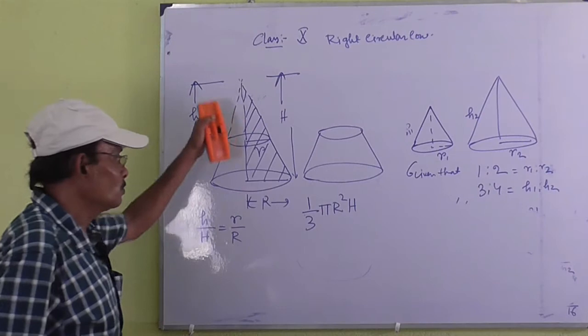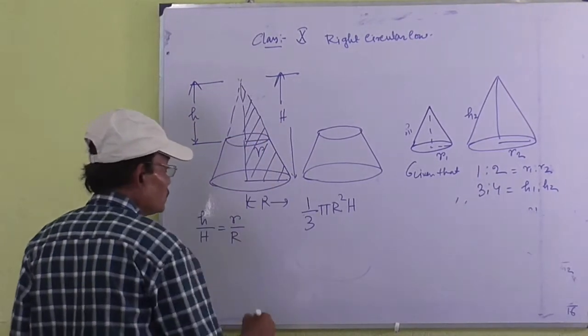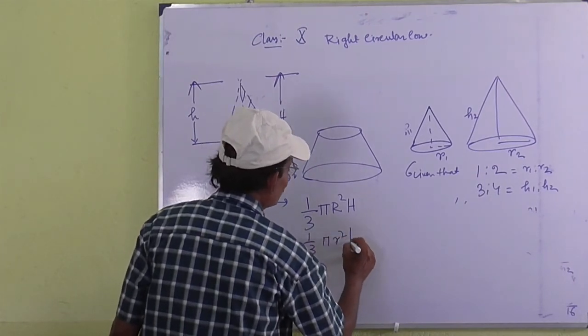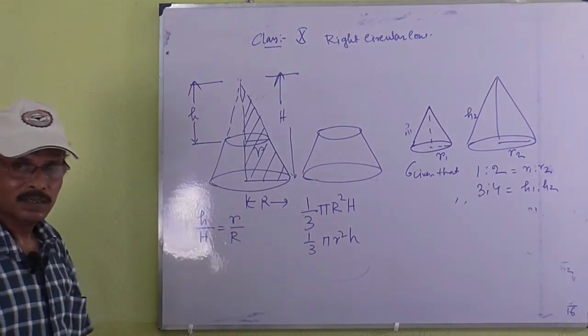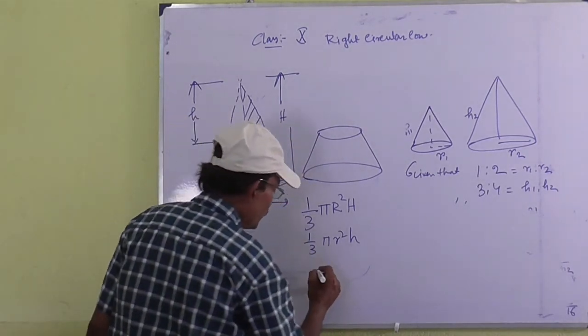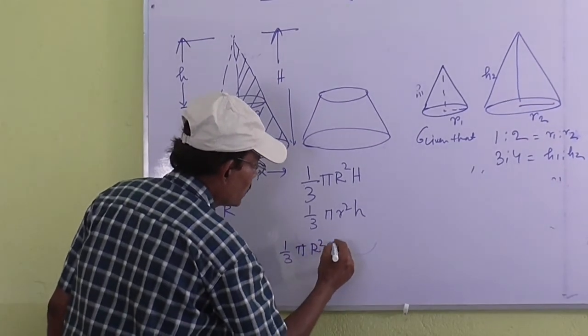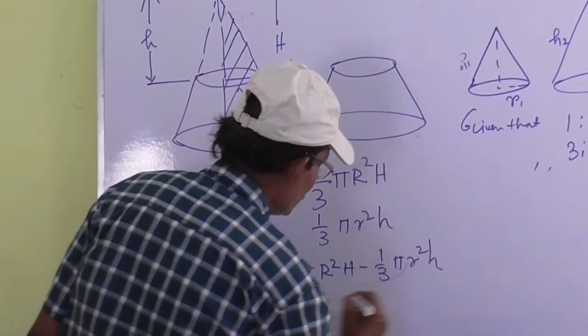The volume of the upper portion will be 1/3 pi r square into h. If we subtract the second from the first, we have minus 1/3 pi r square into h.